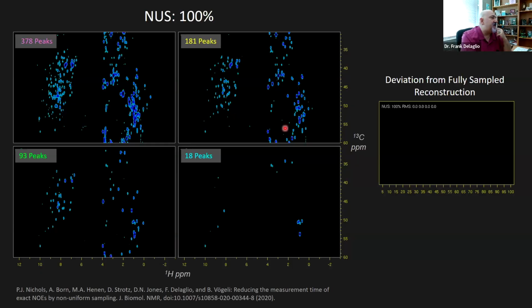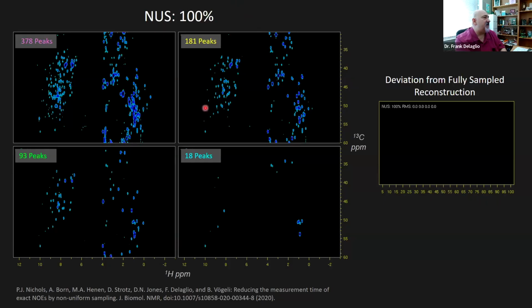And so we can take subsets of these different cases, half the number of peaks and so on, and use the same non-uniform sampling schedules to reconstruct all of these data sets, and then keep track of how the results change as we reduce the number of increments.